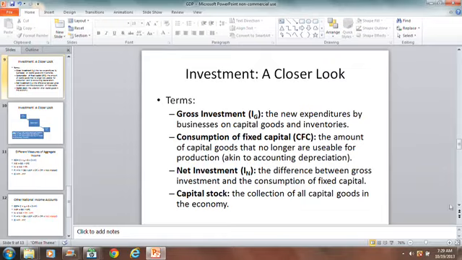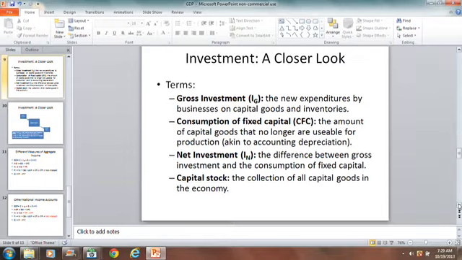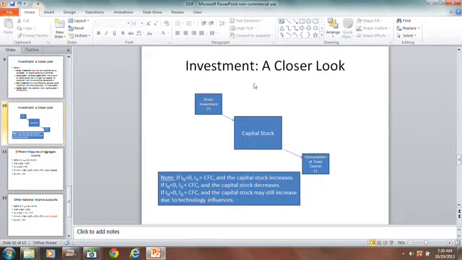Alright? Now when you look at the interplay between these concepts, think of the capital stock as this box. And gross investment expenditures are additions to the capital stock. So when businesses buy new equipment, once it's brought online, it becomes a part of the capital stock. Right? Now the capital stock tends to shrink over time as machines in the capital stock wear out.